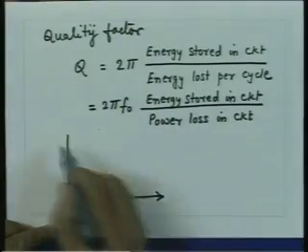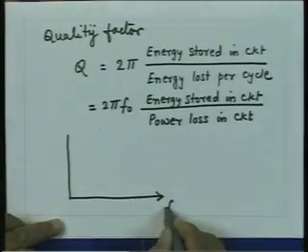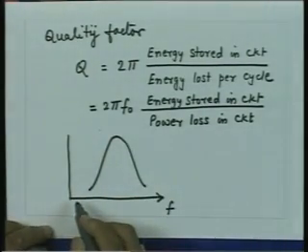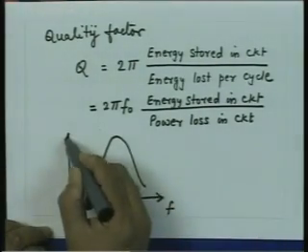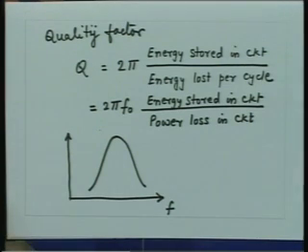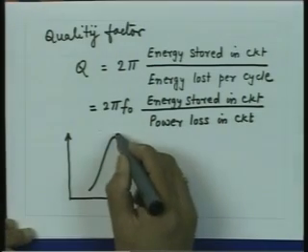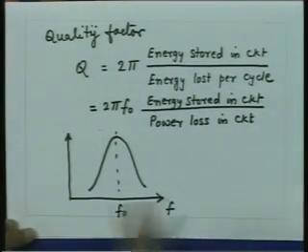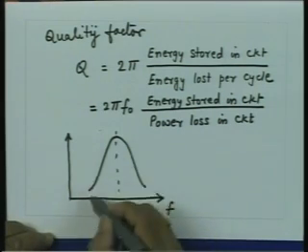So, if I have a frequency response of this circuit, which is my impedance as a function of frequency, I get a frequency response which will look typically like that. Depending upon whether I am using series or parallel resonant circuit, this will be the voltage response or the current response, but at resonant frequency I get the maximum response, and as I deviate from the resonant frequency the response drops.